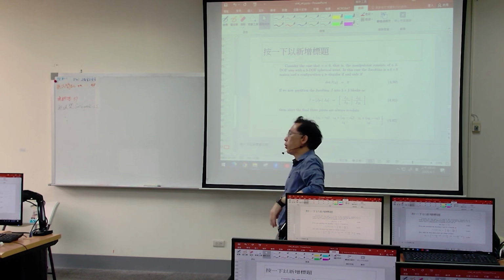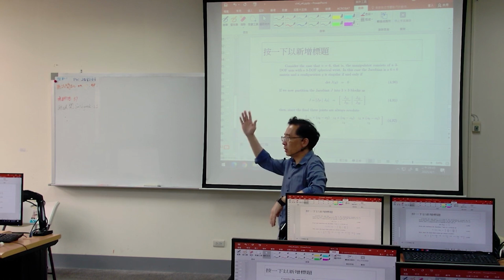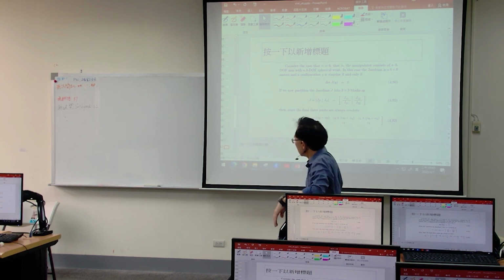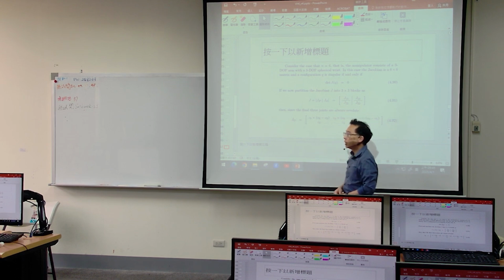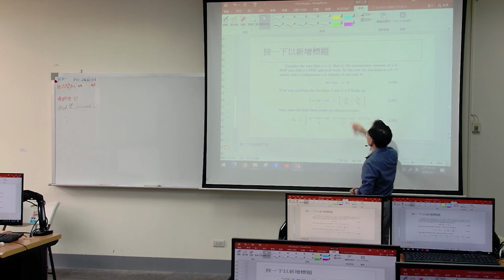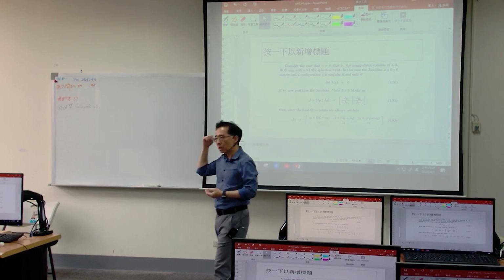Because for one joint, one Jacobian column is 6 by 1 in 3D space, and we have 6 joints, so we have 6 by 6. Over here it mentioned we divide it further: J11, J21, J12, J22. Each of them is a 3 by 3 matrix.